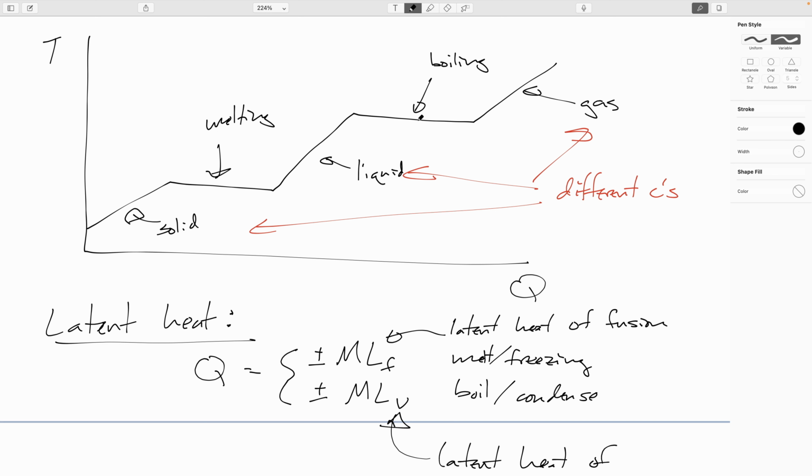This, for instance, is why sometimes if you're flying in an airplane and you're coming in for a landing and the pilot has to fly you through a cloud, you'll notice that suddenly you get turbulence. What's happening there is as you're going through the cloud, water that's in gaseous form is condensing to liquid, and in the process is releasing heat.